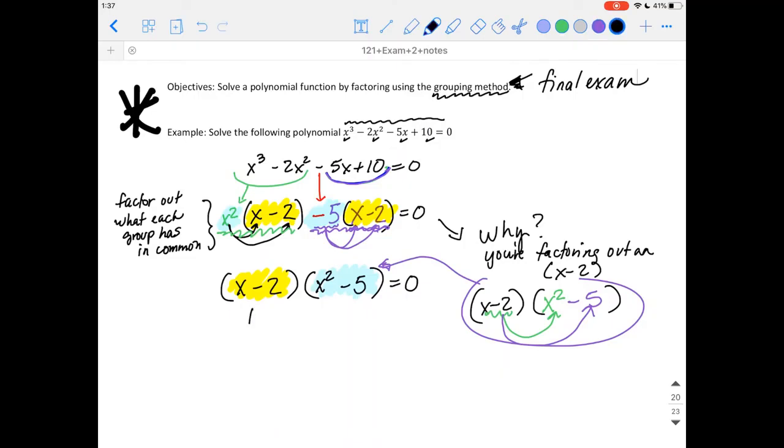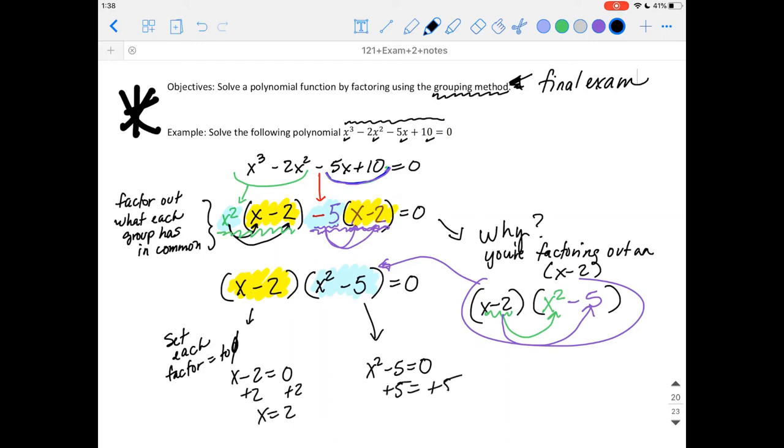So here on this one, set equal to 0, I should say. So it's going to be x minus 2 is equal to 0. And this one's going to be x squared minus 5 is equal to 0. And if I solve for x on this one by adding 2 to both sides, I get x is equal to 2.